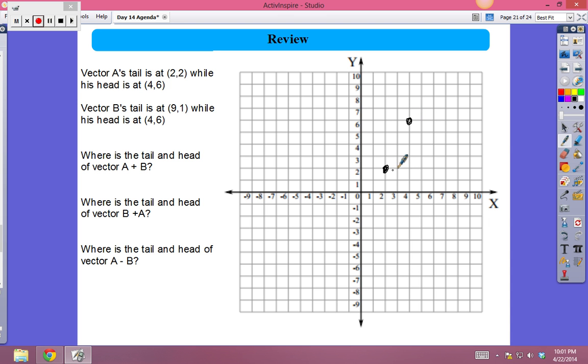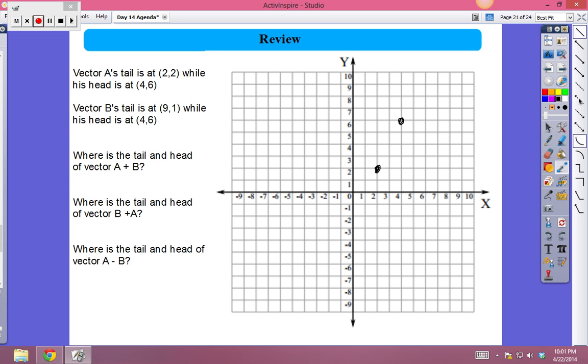So that means we've got a vector that looks like this.